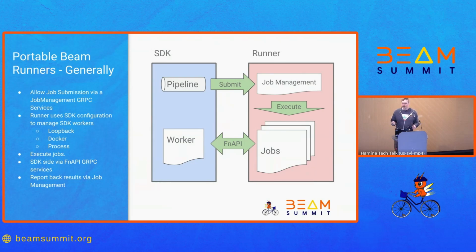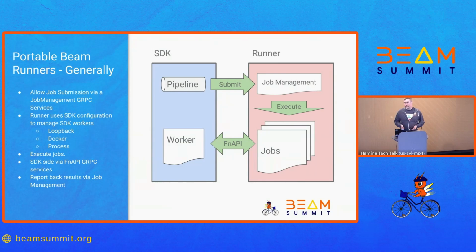Beam abstracts processing over SDKs and runners, putting a clear divide in responsibilities between what the user needs to write and what the actual execution engine needs to implement in order to support that. This allows us to do fun things like being cross-language, but also to avoid a combinatoric explosion as we are trying to support different SDKs on different runners.